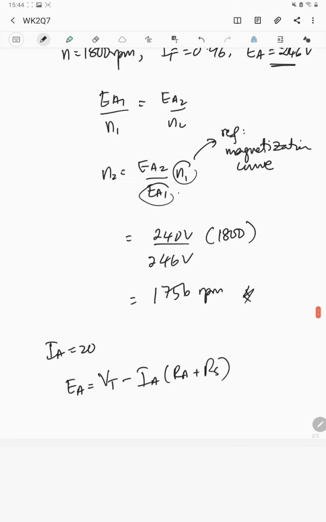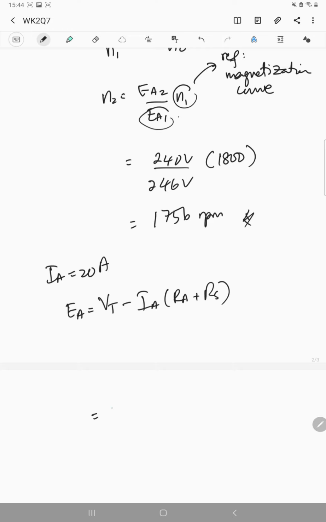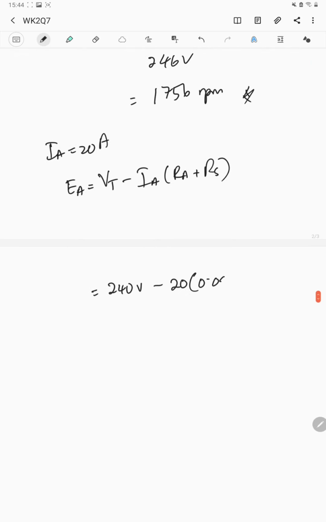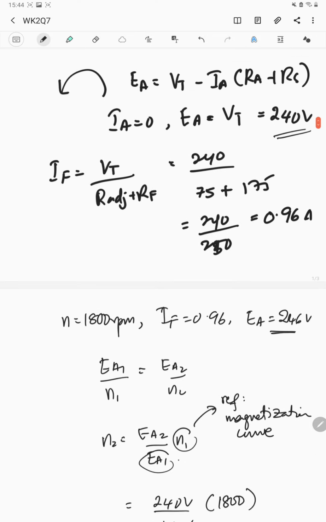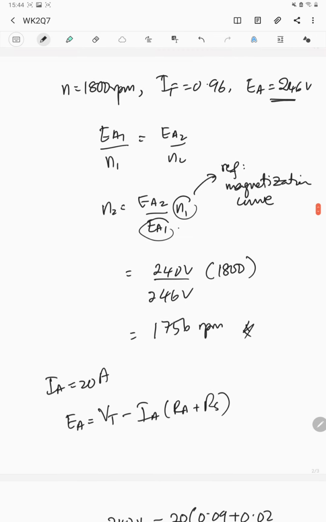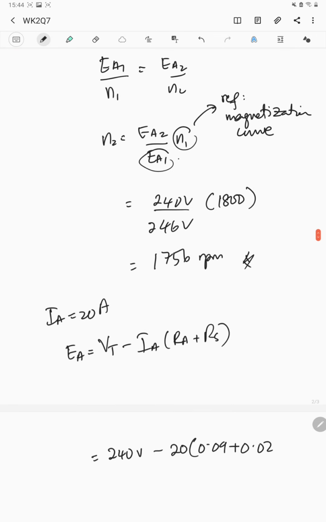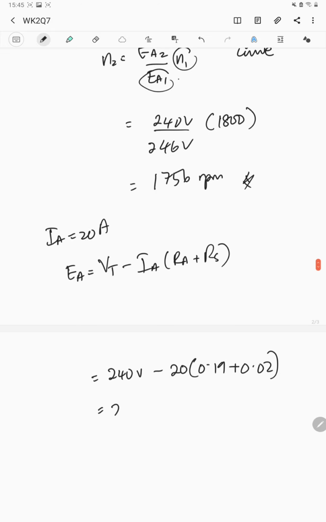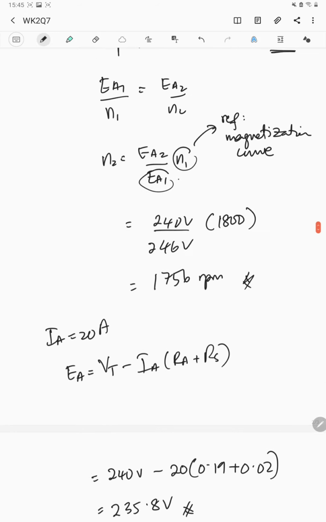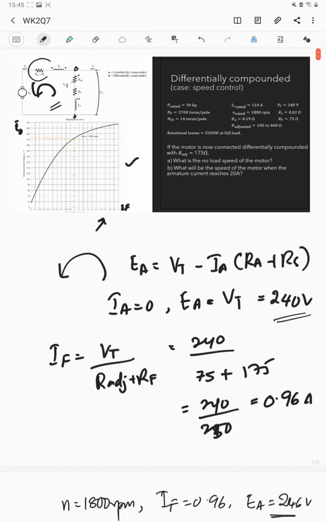So EA when IA is 20 ampere is 240 volts minus 20 times RA plus RS, where RA is 0.19 and RS is 0.02. So the answer is 235.8 volts. This is the induced voltage when the current is 20 ampere.